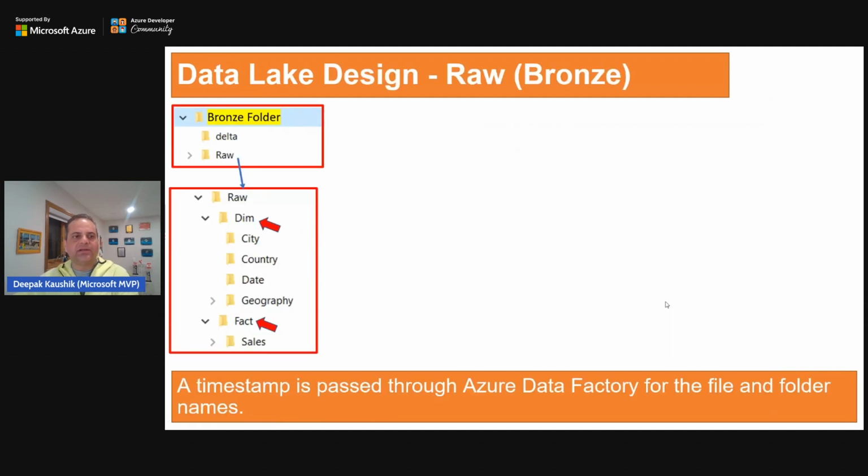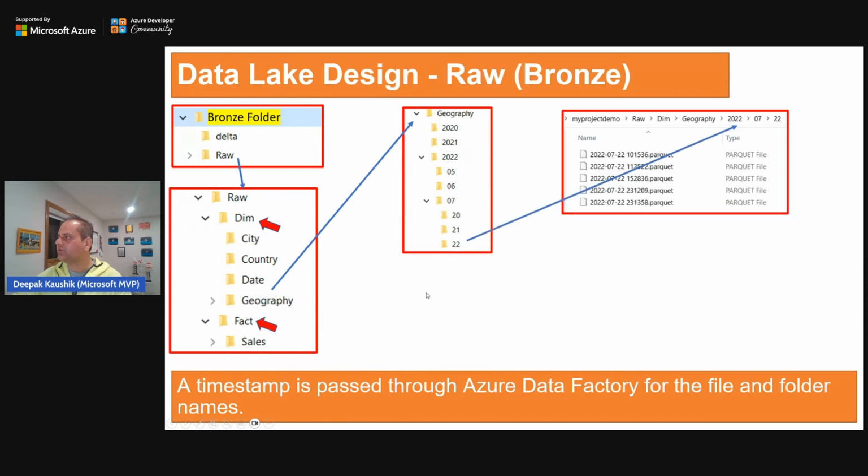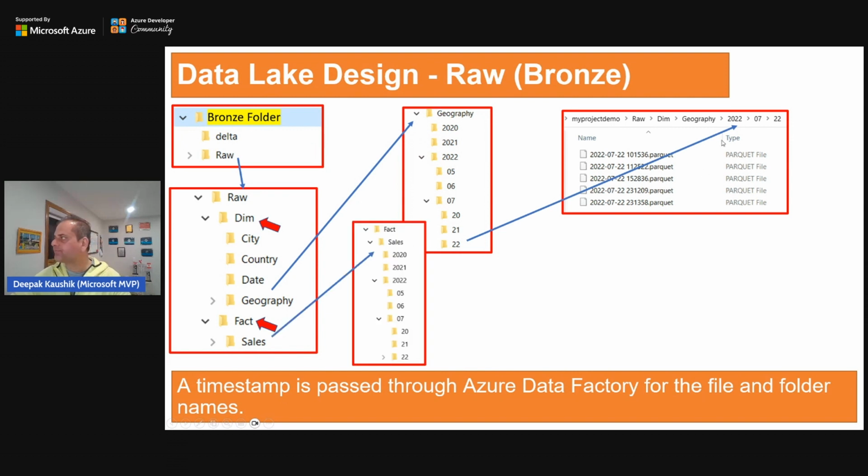So basically, that is conceptually what I want you guys to understand, and it is dim and fact, and we could see the hierarchical namespace from year, month, and then date as well. You could see sale or geography, whatever you want to do, and then the files are stored in Parquet format, and this is how the Delta Lake data is stored.